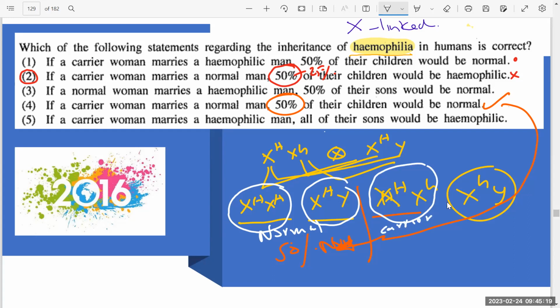So we can't consider carriers as normal, though they don't show the disease. But according to this question, normal means they don't have a recessive allele. Carriers have one recessive allele, and for the affected, a male has one recessive allele, a female has two. So the fourth one is correct because 50% of children are normal, they are not carriers. Got it? Yes, sir.